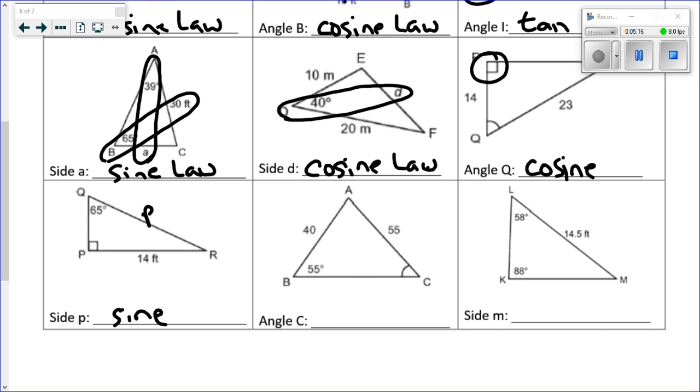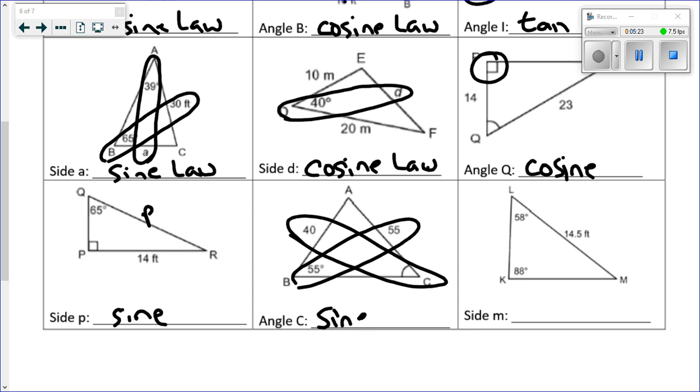No 90 degree. No 90 degree. What are we looking for? Side M. Now this one requires two steps, but it's still the sine law.